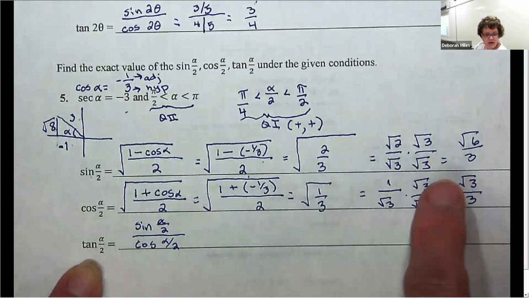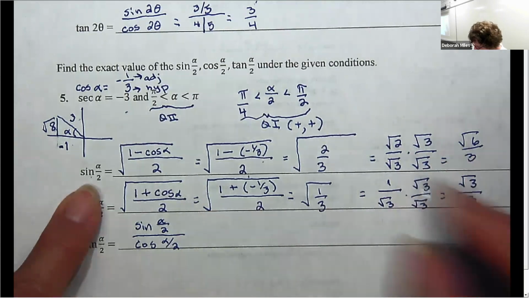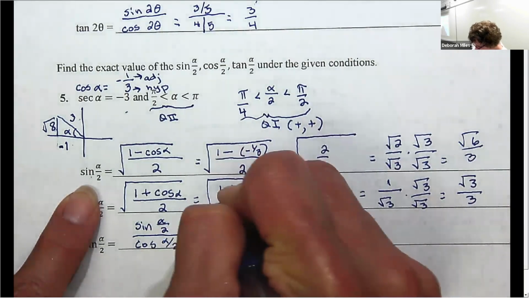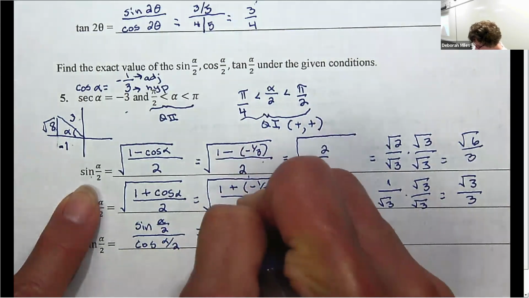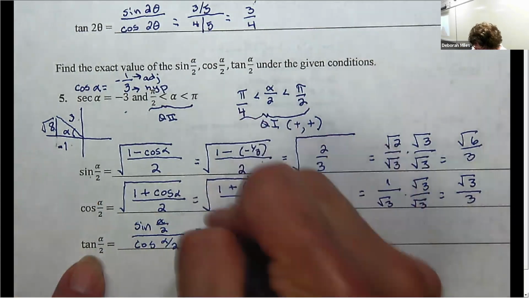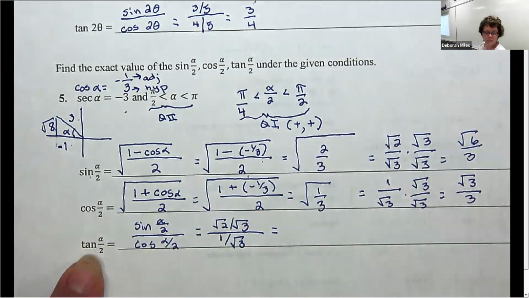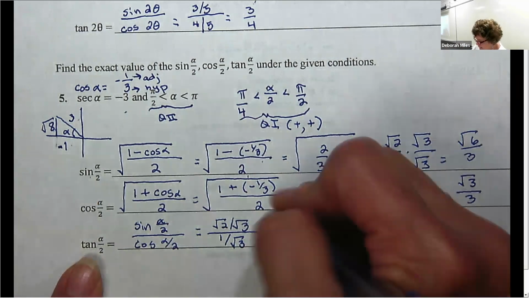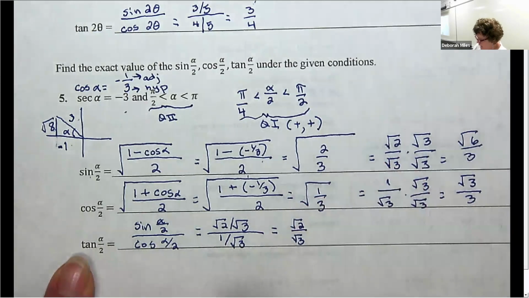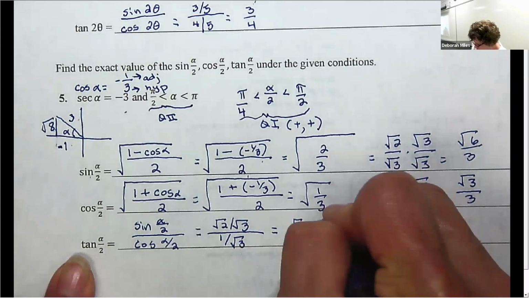If I leave sine as square root of 2 over square root of 3, and write cosine as just 1 over square root of 3, I can see that when I flip the divisor, my square root of 3s are going to cancel.